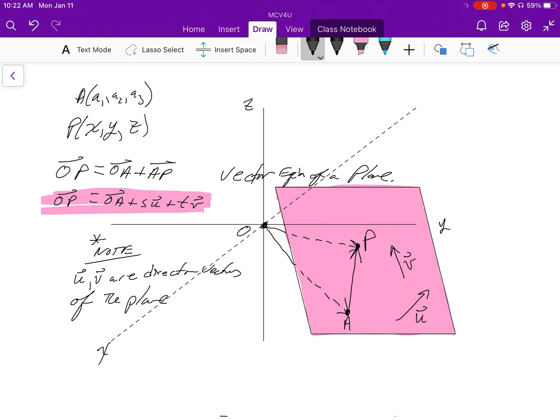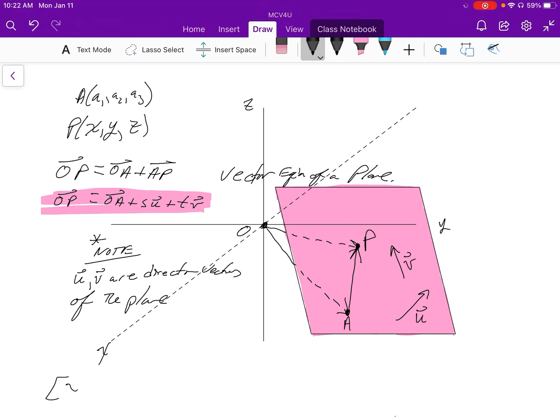All right. If we were to go further and look at the parametric equations of the plane, we'd have to convert the vectors into their component form, the algebraic vectors.